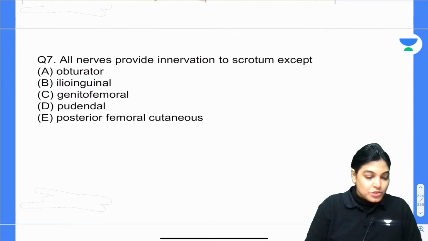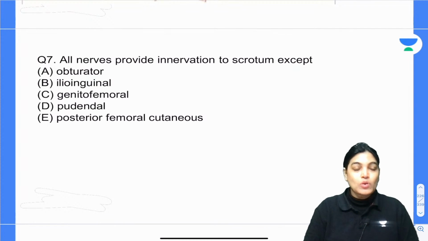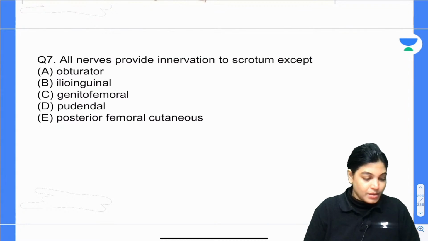Question number 7. All of the following nerves provide innervation to the scrotum except.